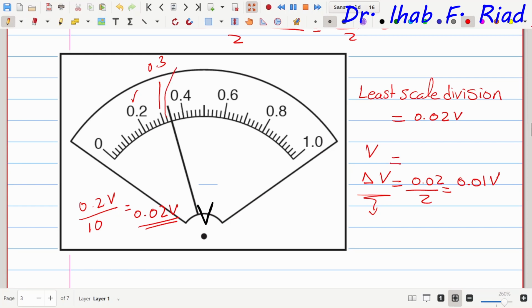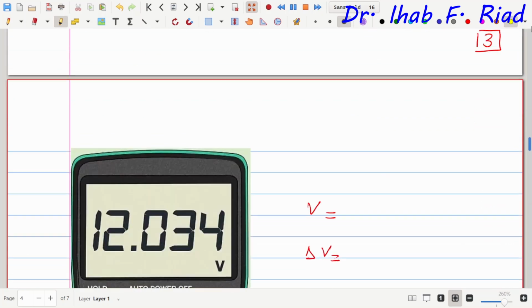So this is 0.32, this is 0.34. So the reading is 0.34 volts. And each measurement we carry out with this voltmeter is going to be uncertain by this amount. Delta V is going to be that.